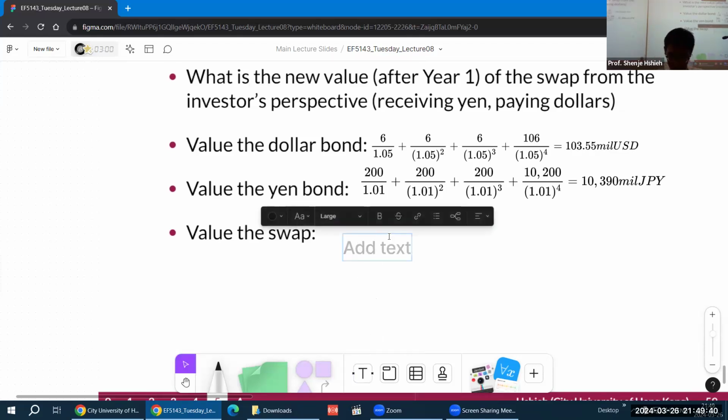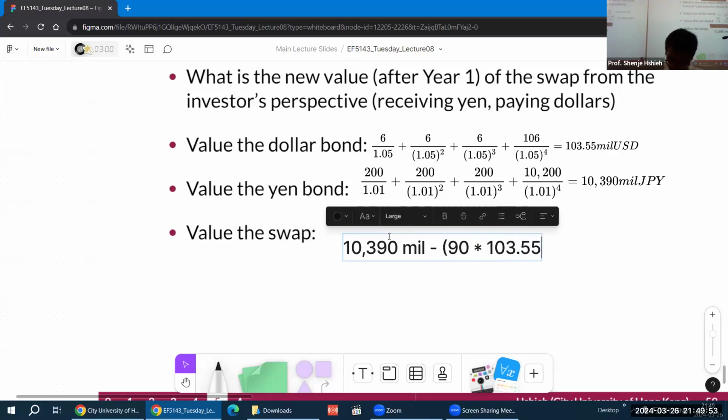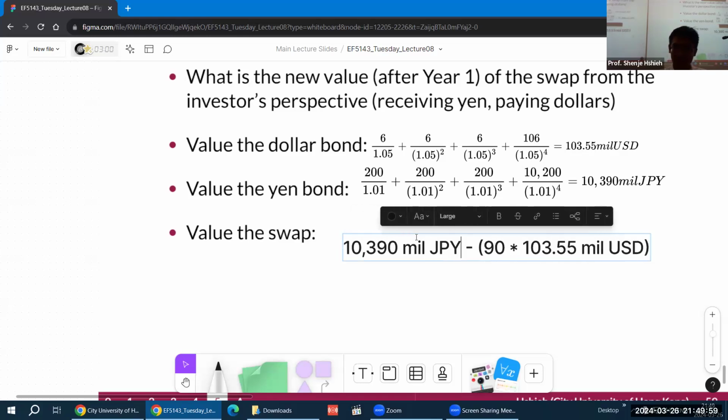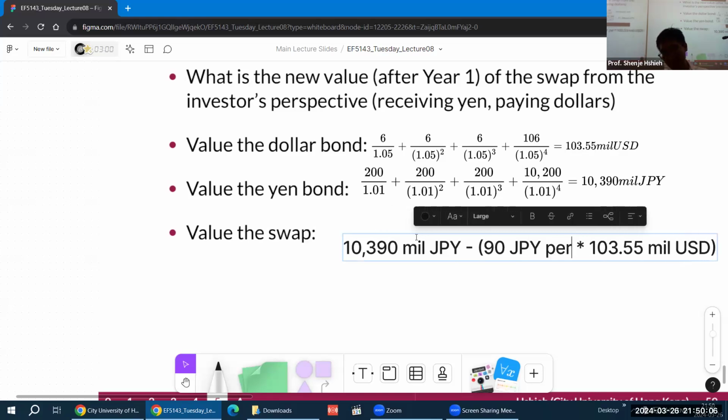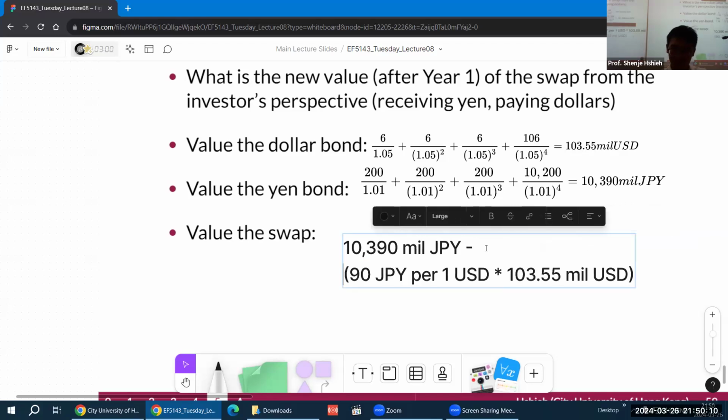That's 10 billion 300 million JPY minus, let's do 90 times 103.55 million USD, right? So this is yen, JPY, and this is an exchange rate of 90 JPY per 1 US dollar, right?